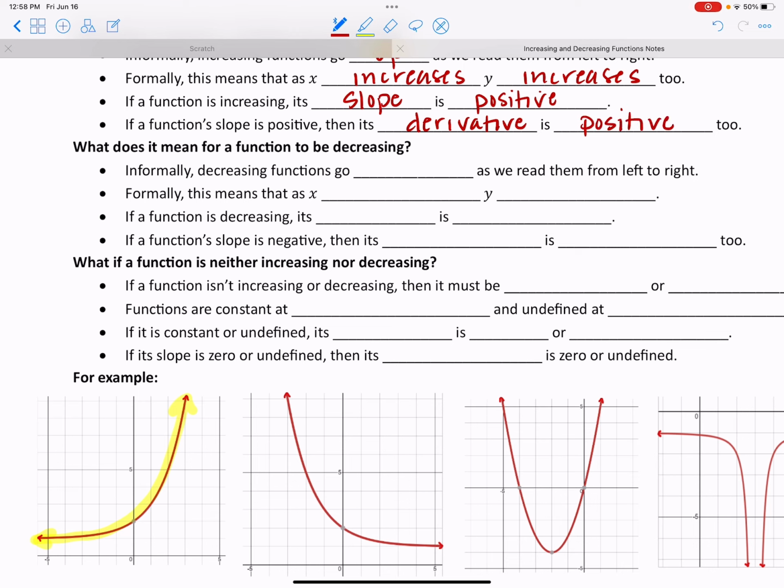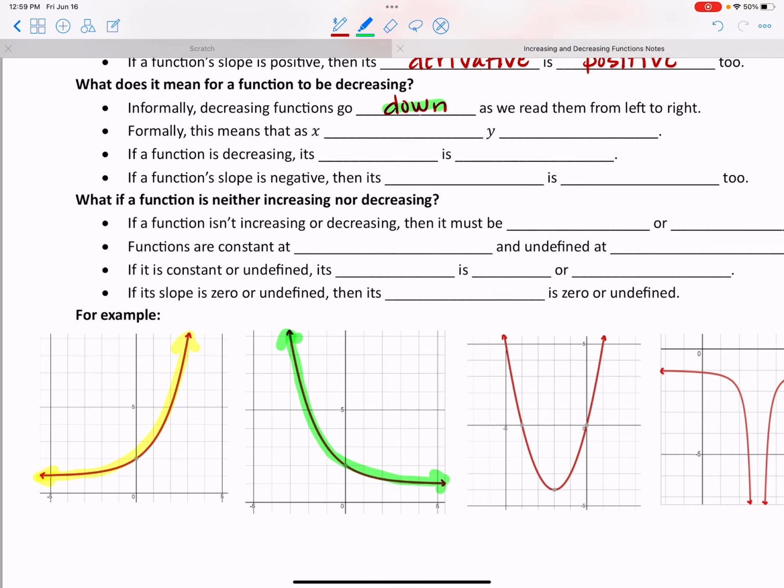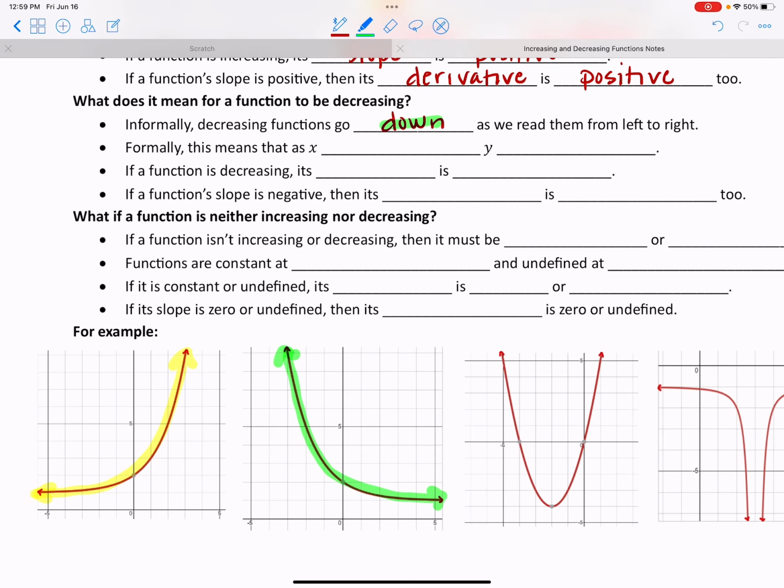Okay, and then similarly, if our function is decreasing, that means it's going to go down as we read it from left to right. So moving downward, left to right would be like this second graph we see here. Moving from left to right, that graph is continually decreasing. But again, to be a little more formal, as x increases, so we're still reading from left to right, the y values are decreasing this time.